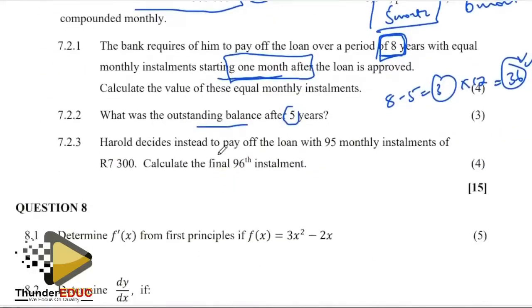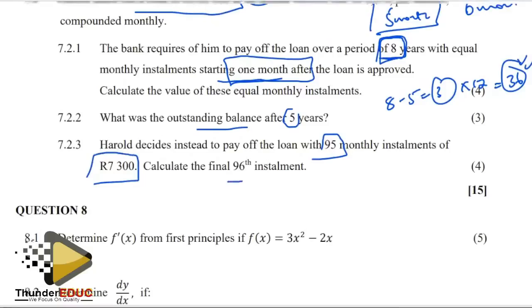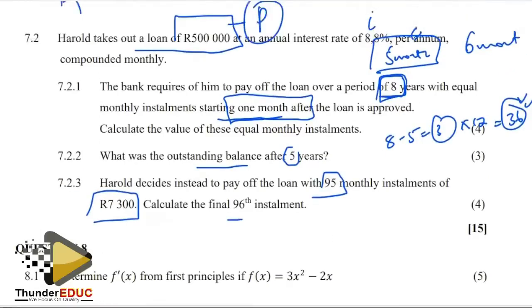And then this person decides instead to pay off the loan with just 95 monthly installments, of just 7.3 everywhere. And then calculate the 96th installment. So we need to know how much would be accumulated with 95 installments.